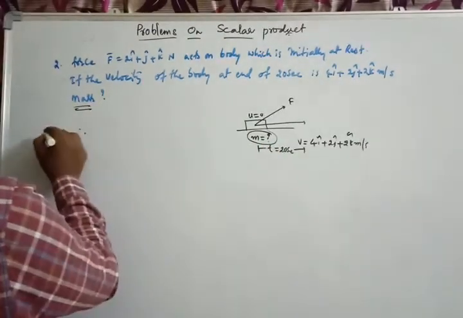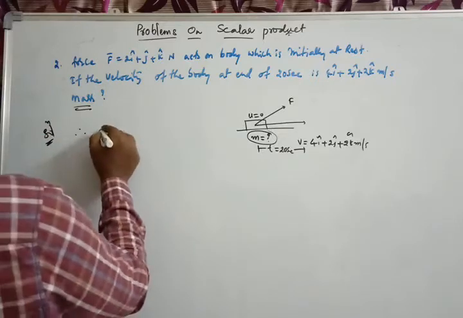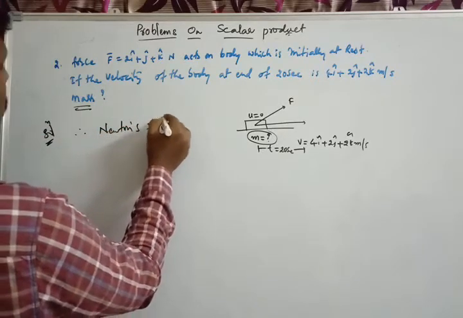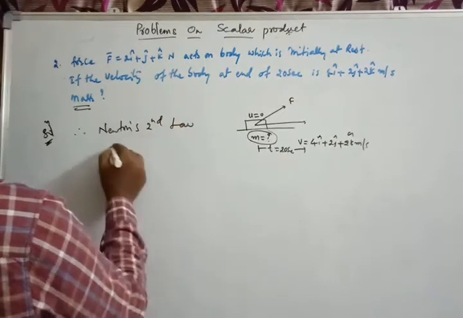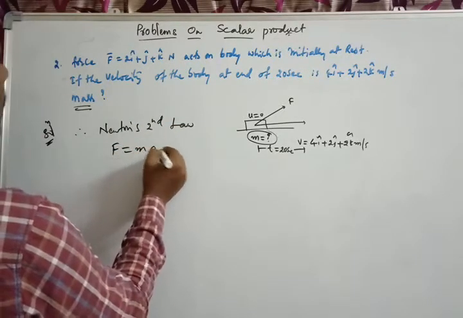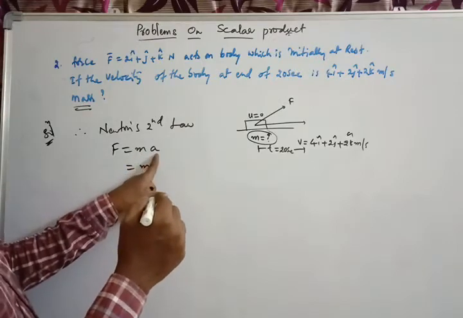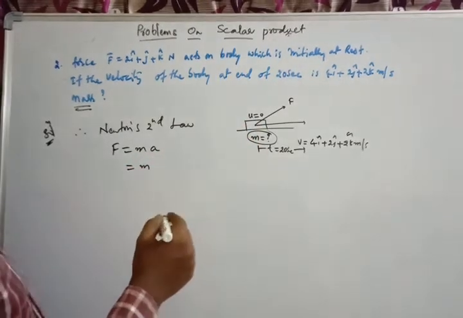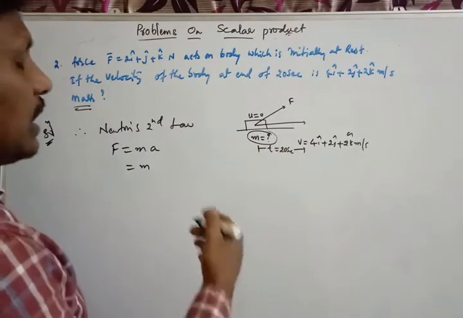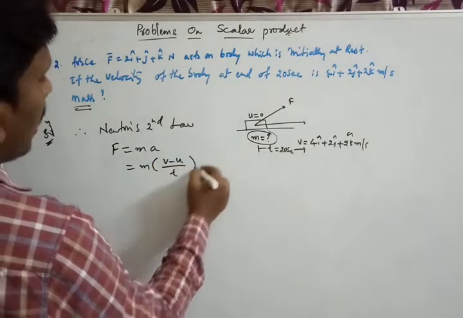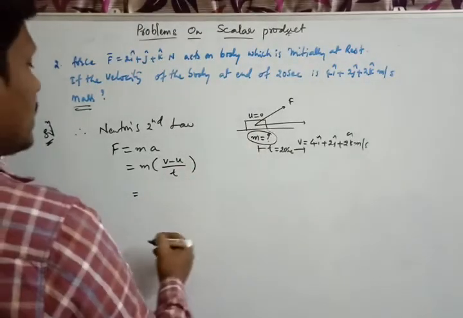Let us try to solve it. From Newton's second law, F is equal to ma. Here a is nothing but the acceleration of the body, not the acceleration due to gravity, that is g. The change in velocity per unit time is known as acceleration.